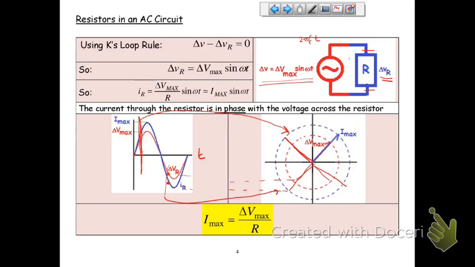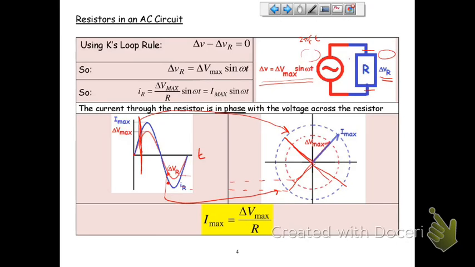Let's see if we can do that same analysis for... Oh, I missed one thing out. I didn't do the math. So, using Kirchhoff's loop rule, we say delta V, which is on this side, minus delta V_R, which is the voltage drop across my resistor, equals 0. That's the loop rule. And delta V_R equals delta V max sine omega t.